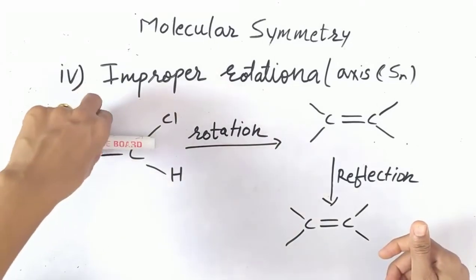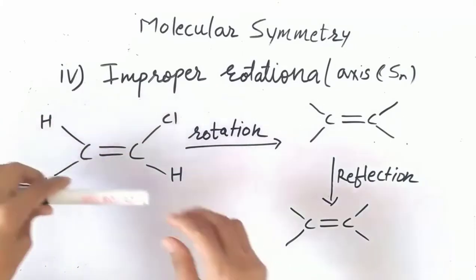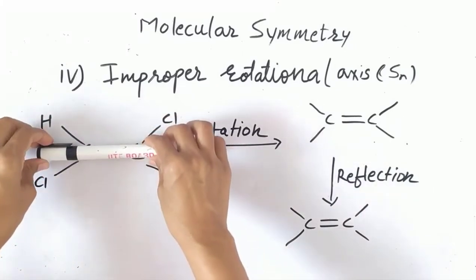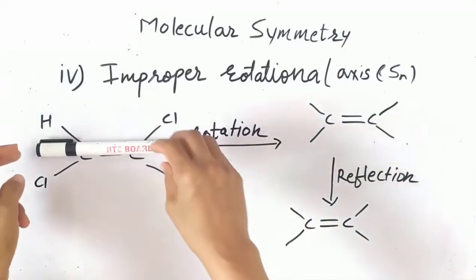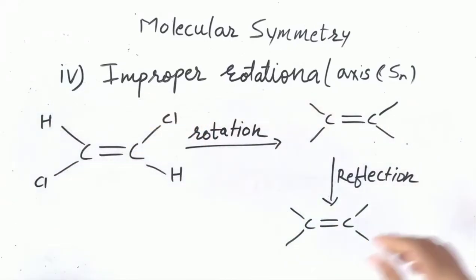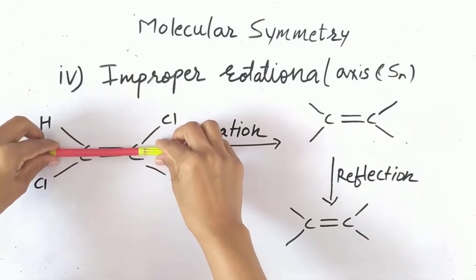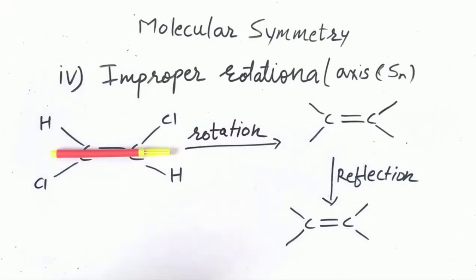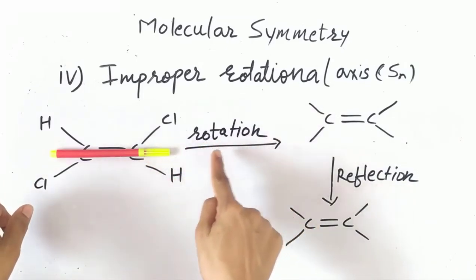But as the principal axis passes through more atoms, the rotational axis will pass through these two carbon atoms, and along this line we will carry out the rotation, which is our first operation.